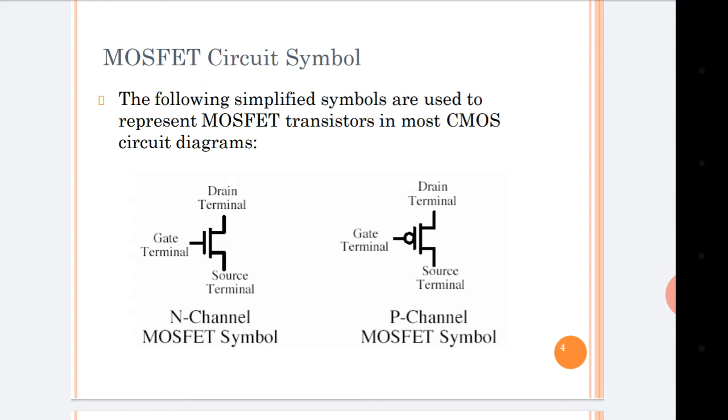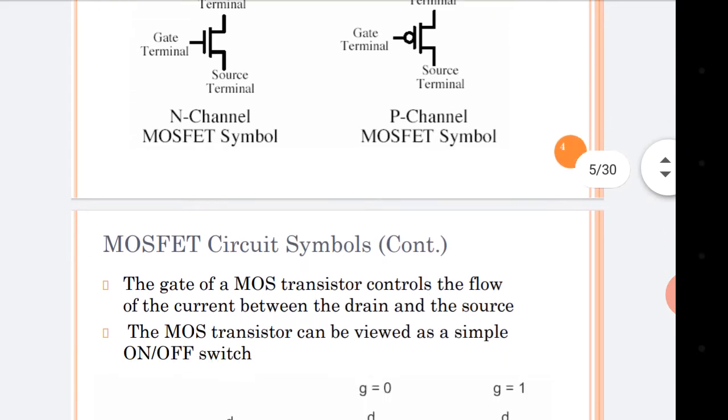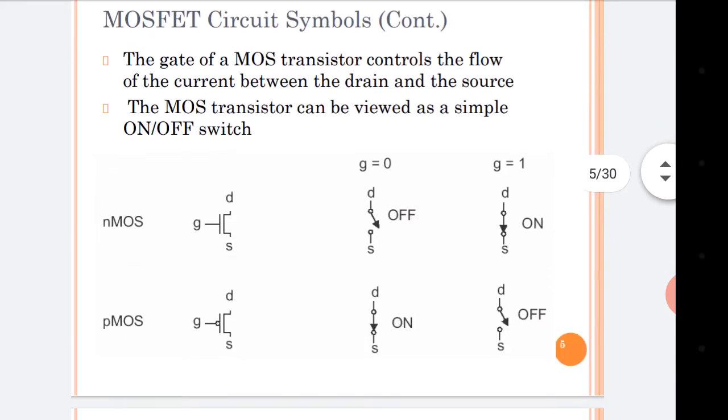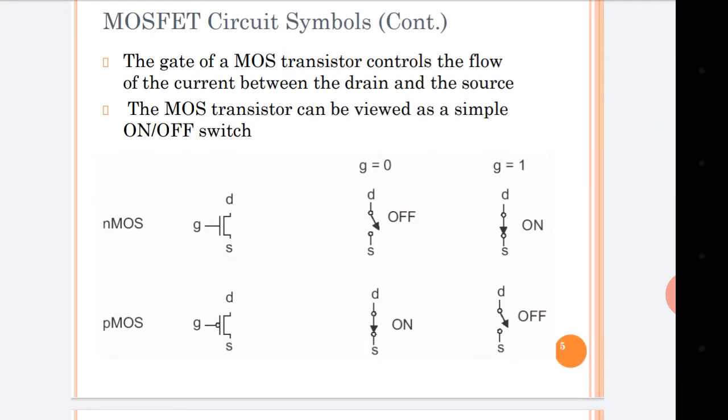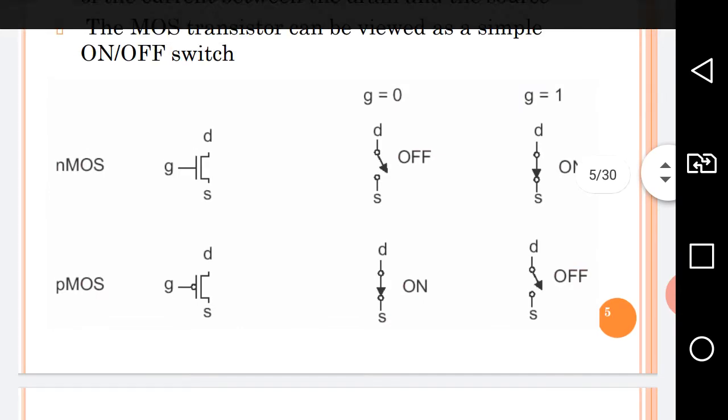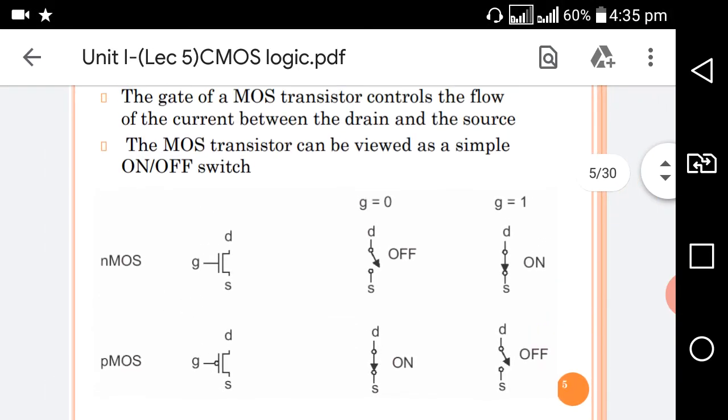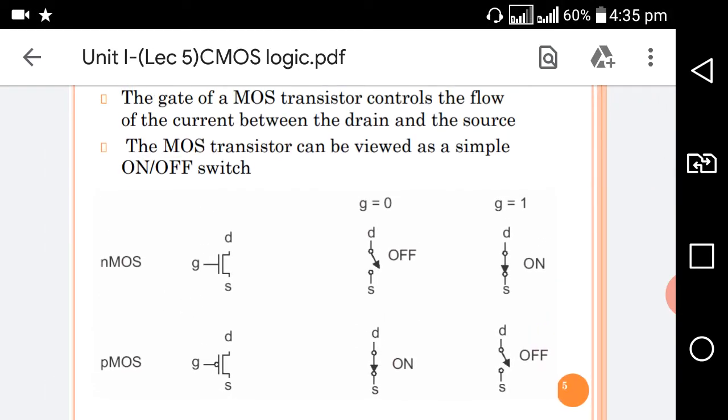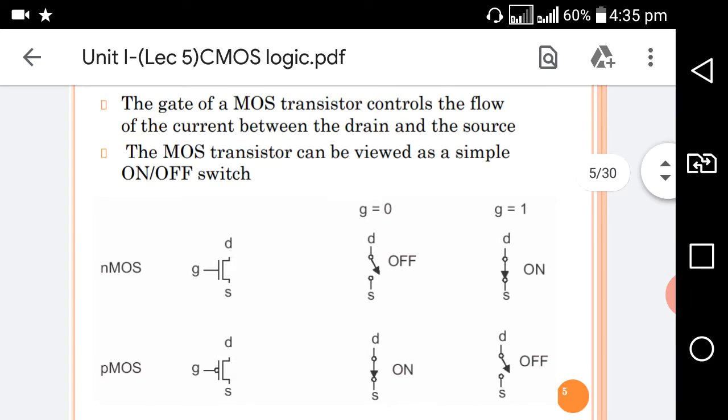You will observe the N-channel MOSFET gate terminal is shown in the first diagram. In the second diagram, there is a bubble which is used to indicate the P-channel MOSFET. We are actually using MOSFETs as switches.